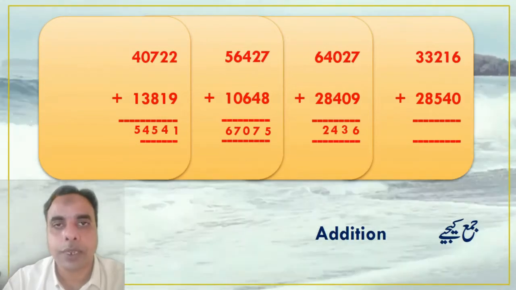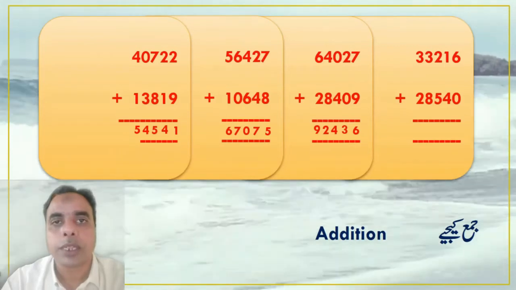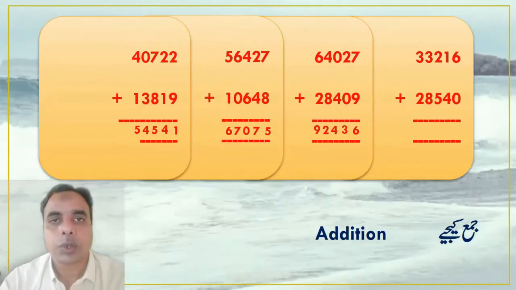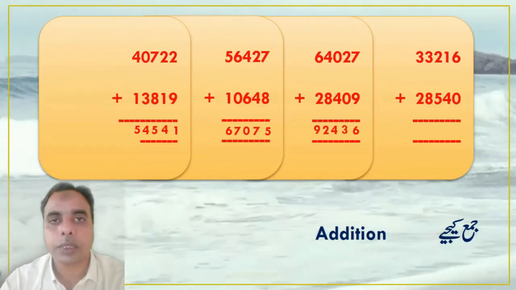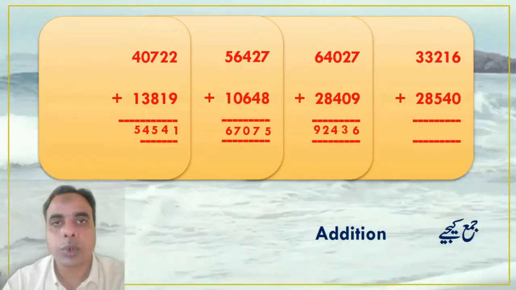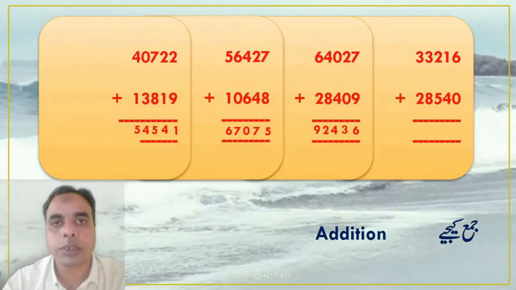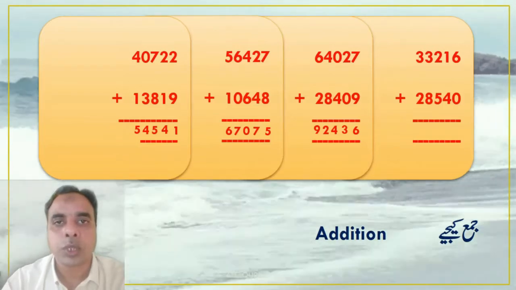So we write 2, 1 will be carry over. So 1 plus 6 is 7 and 2, 7 plus 2 is 9. Okay, so the answer will be 92,436 for this question.